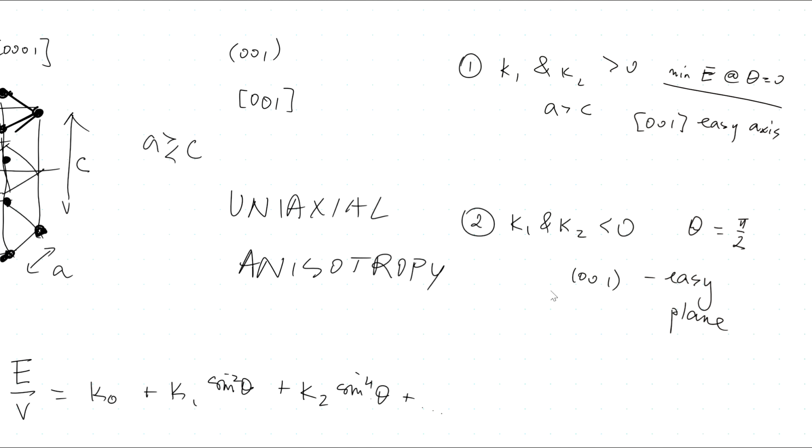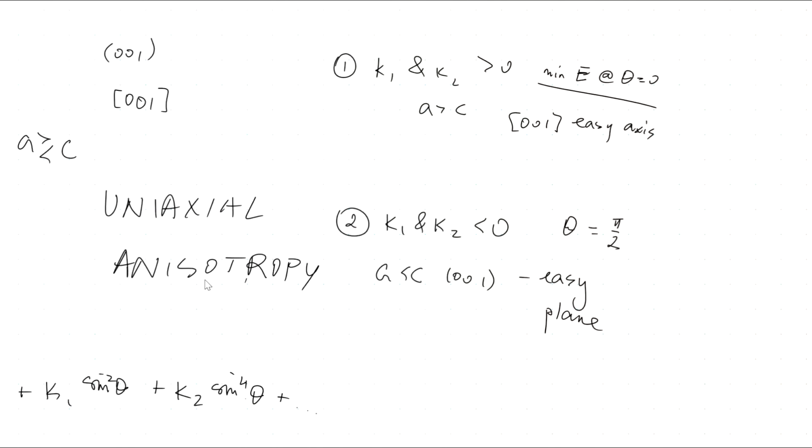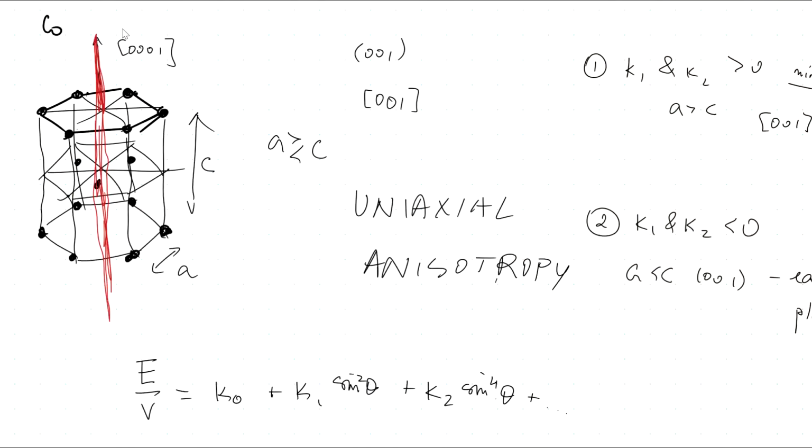And this is the case when A is smaller than C. And you can relate that to the picture here. If A is greater than C, which means that this hexagon is rather big than tall, then atoms interact more along the vertical direction, and this system prefers to be magnetized vertically, this would be a vertical easy axis.